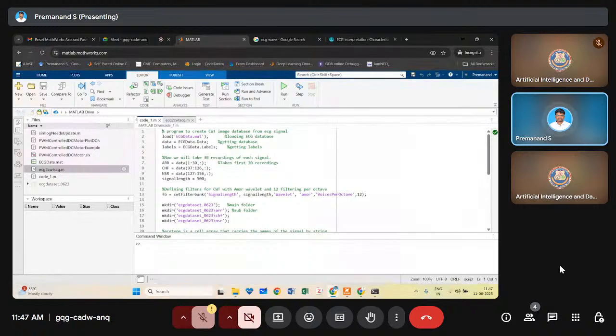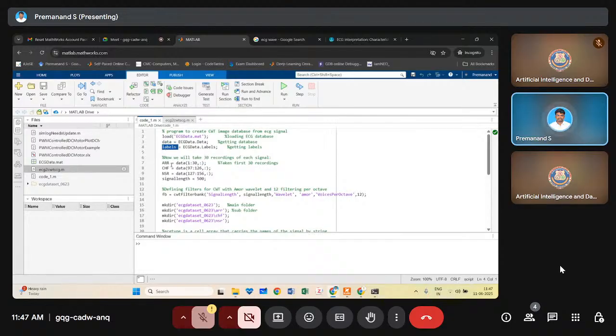Okay, so this is the code. This particular ECG data.mat has data as well as labels. I'll be extracting the data and labels separately, and here we have three classes.